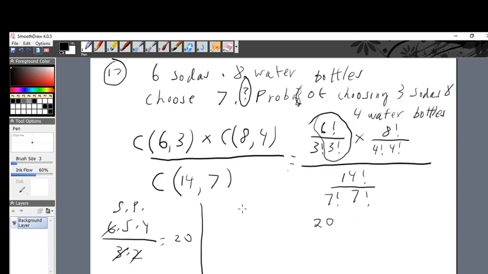More scrap paper. What about this one? Take the 8, and it's a tie, so you take either of the 4s. So I've got 8 times 7 times 6 times 5.